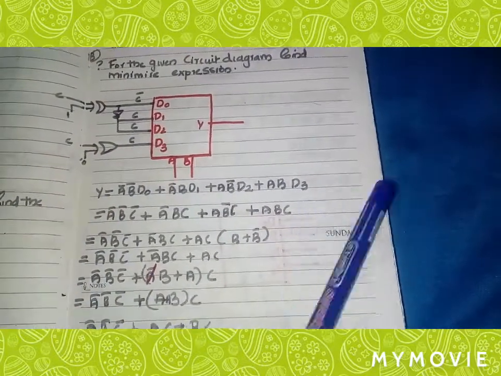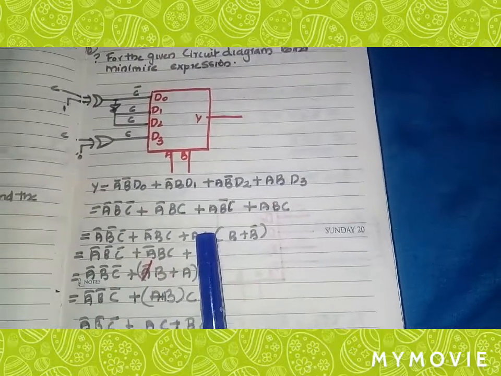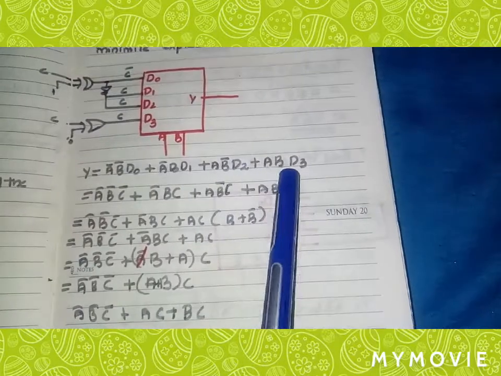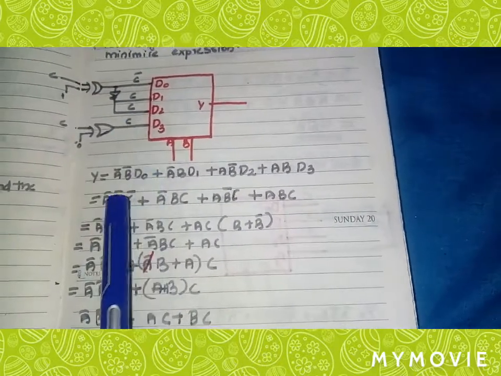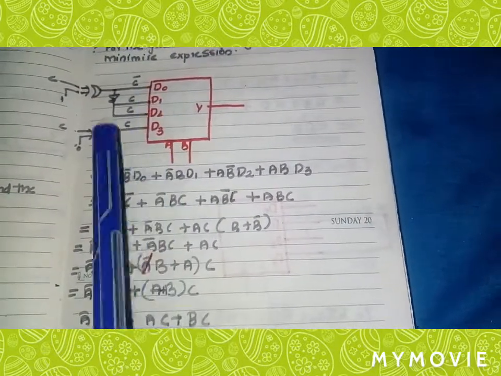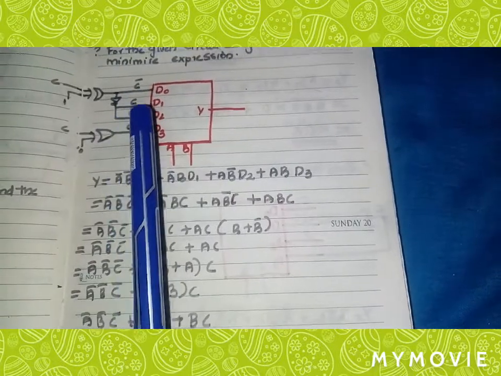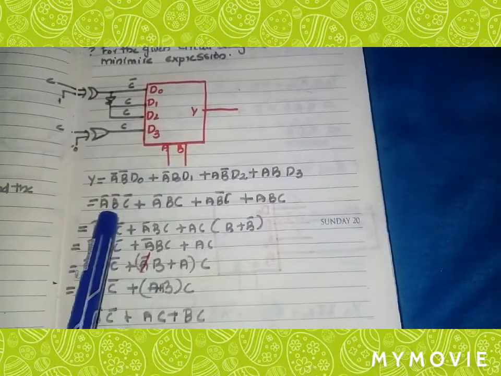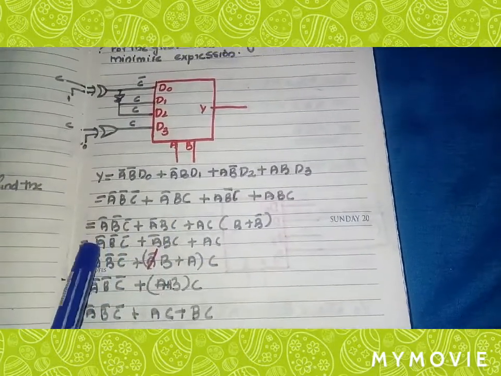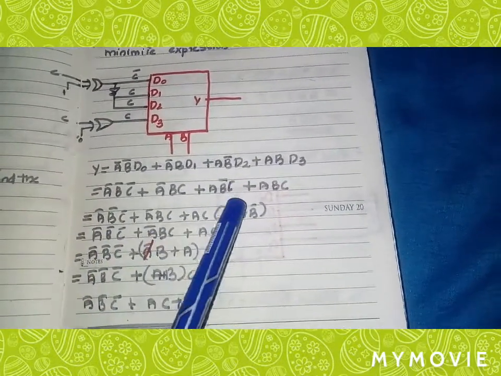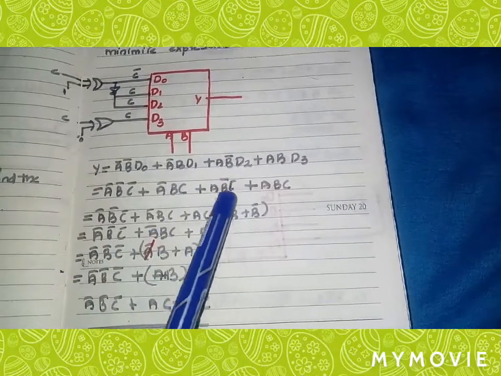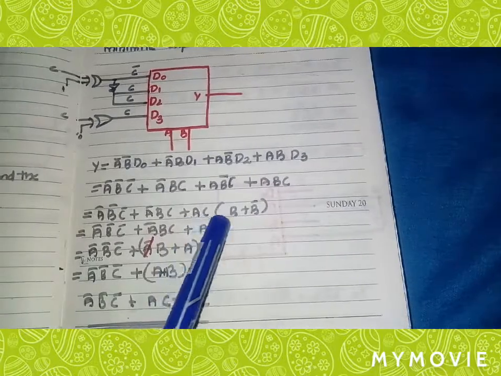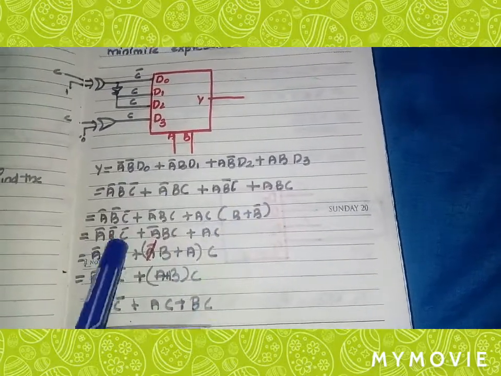We know the output of a multiplexer is A bar B bar D0 plus A bar B D1 plus A B bar D2 plus A B D3. Substitute the values from the diagram, that is D0 as C bar, D1 as C, D2 as C, D3 as C, and we get AC as common from the third and fourth terms. So B plus B bar is 1.